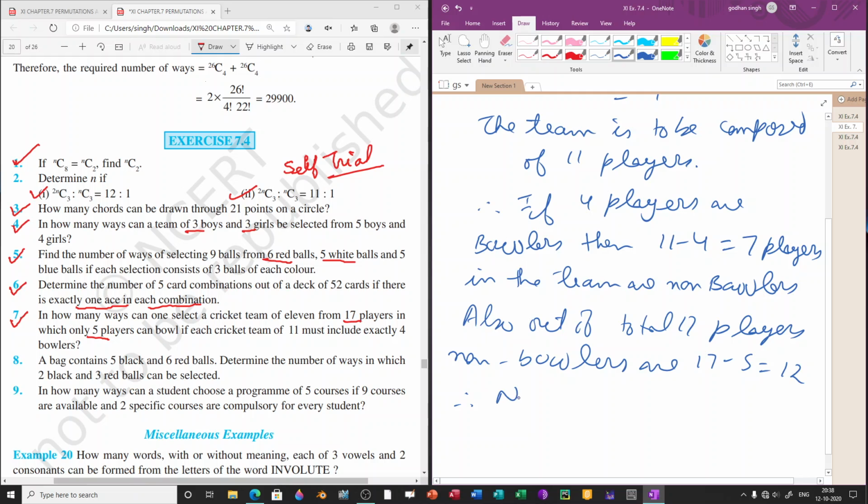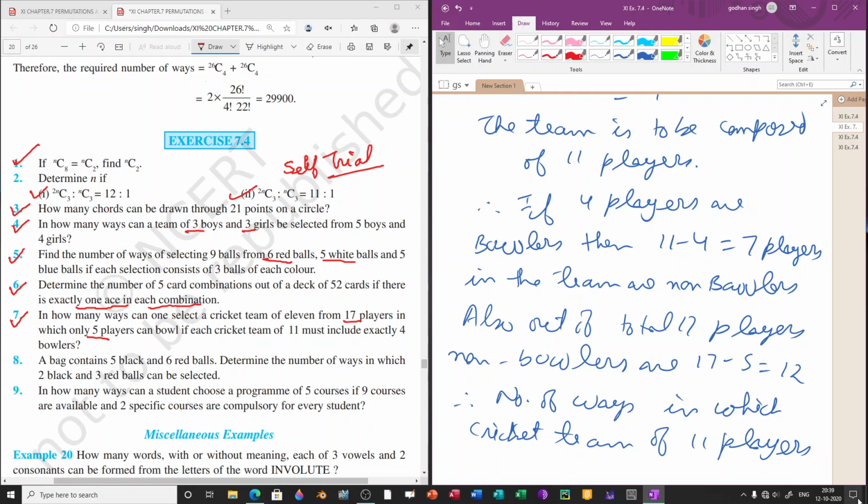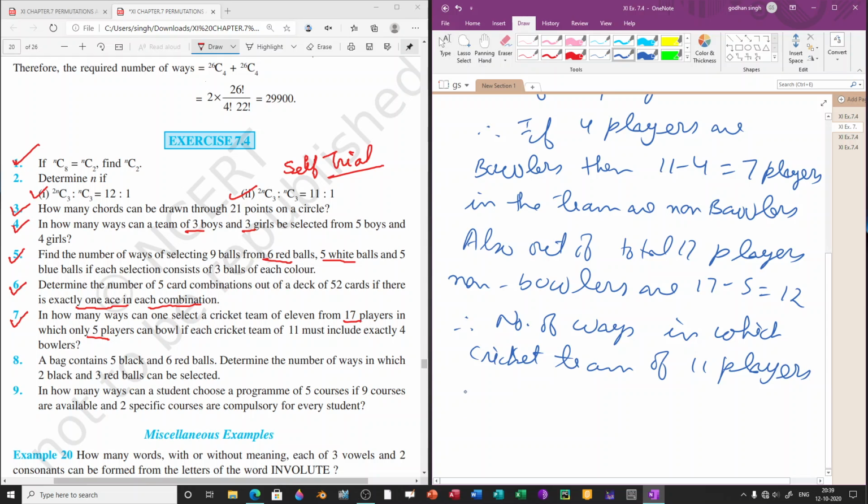Therefore, the number of ways in which a cricket team of 11 players can be selected such that exactly 4 are bowlers.